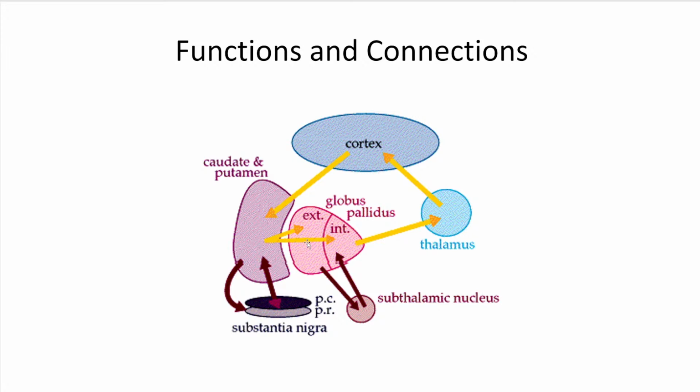Output is also performed to two portions of globus pallidus, external and internal. On its side, globus pallidus also interacts with subthalamic nucleus, responsible for ocular motion, and finally produces output to thalamus, and then to the cortex.